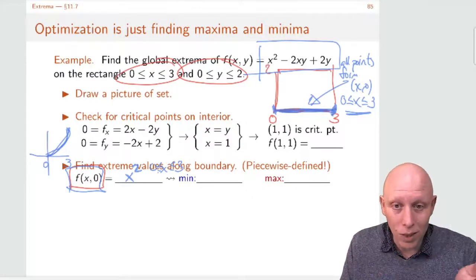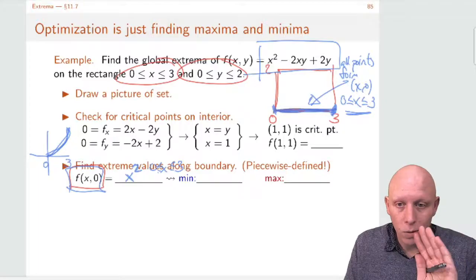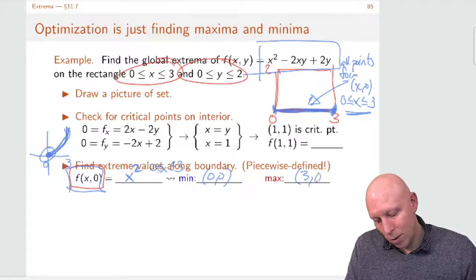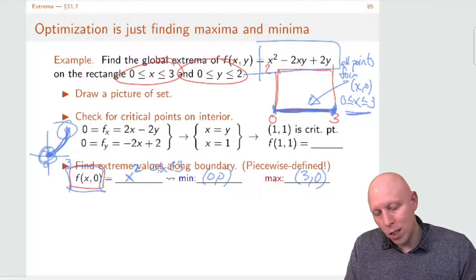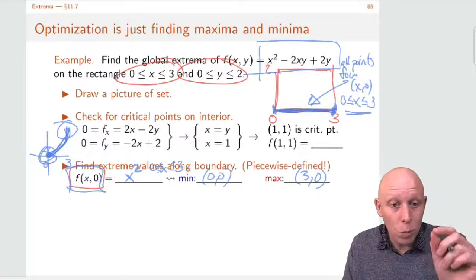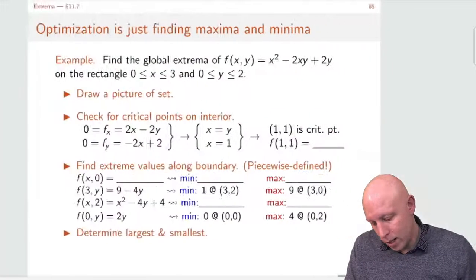We can take derivatives and find critical points, or we can just say that the minimum happens at (0, 0) and the maximum happens at (3, 0), because this is the lowest point and this is the highest point in the parabola. Two more points. Let's keep those aside.